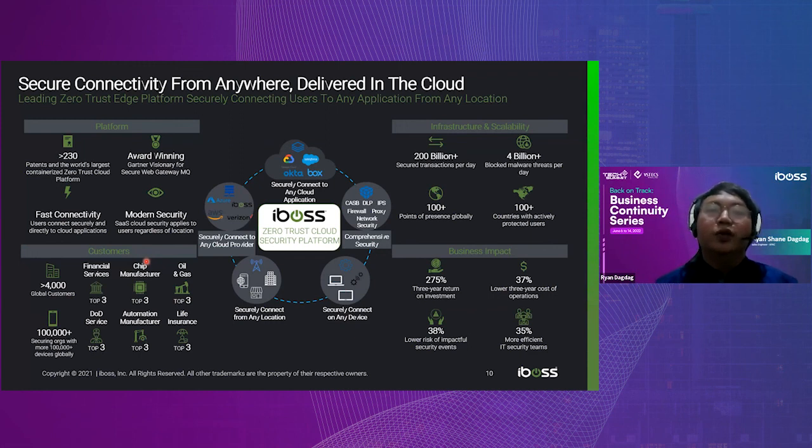We can achieve business continuity, which is towards more business and development. That's where iboss comes in: we provide security to all users from any location to any resources, public and private.